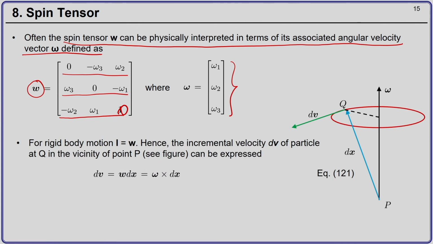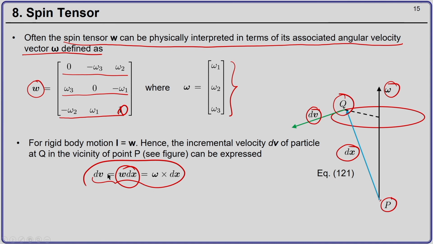So, you can interpret this as, if you have a point P, and the angular velocity at this point is omega, and you have this point Q whose position vector with respect to point P is dx, then the relative velocity vector dv of Q with respect to P is omega cross dx, or you can show it is also the same as the spin tensor times the spatial vector dx.